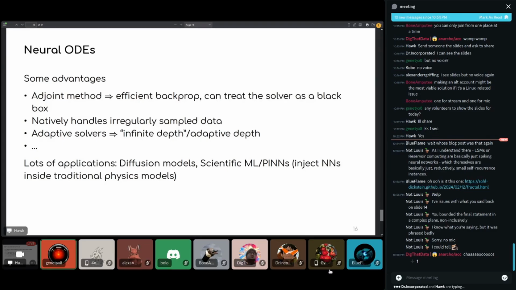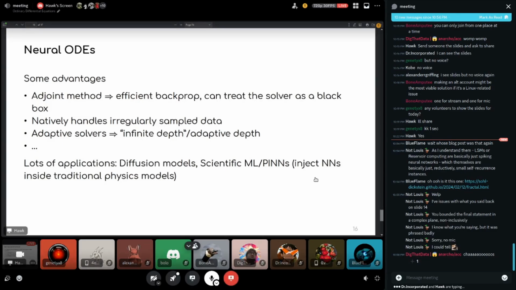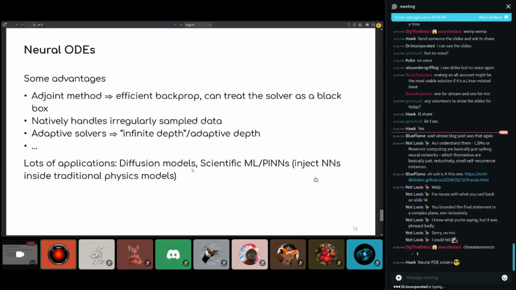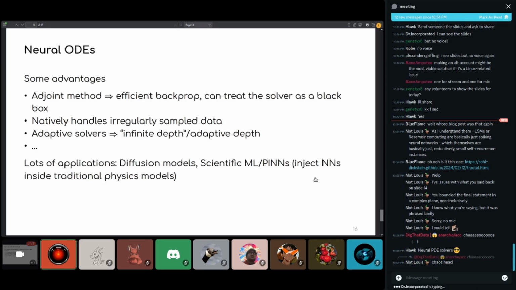I'm actually super glad that people want to hear about chaos, because it means I can open your eyes to how cursed it is. Neural PDE solvers, yeah. I mean, if you want to cover neural PDE solvers, go right ahead. It doesn't always have to be me presenting. But I think we're probably still going to do state space models next, because that's going to be a quickie, and then we move on to chaos, and I show you how deep that rabbit hole goes.